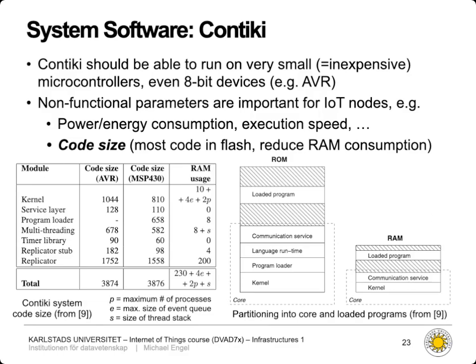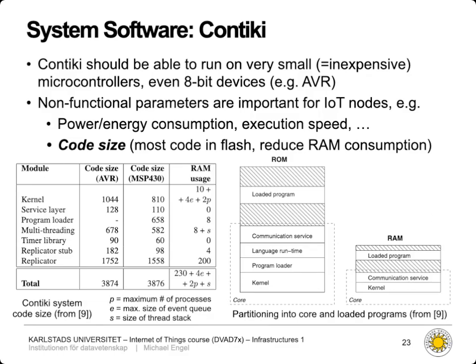On an AVR 8-bit controller, you have around 1 kilobyte of code for the kernel, 128 bytes for the service layer, 600 something bytes for multi-threading, 90 for a timer library, and there's some other stuff like replicators. So you're below 4 kilobytes for your operating system. With the a bit larger AVRs, which have like 16 kilobytes of flash, you have quite a lot of memory left over for your application.